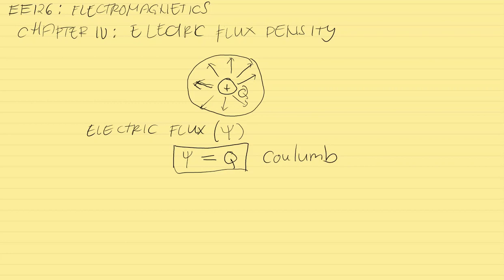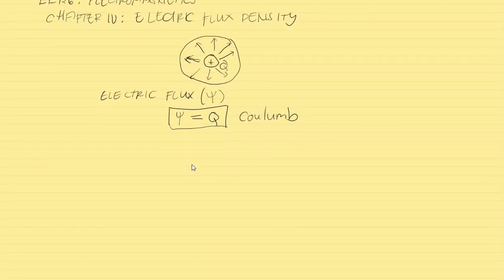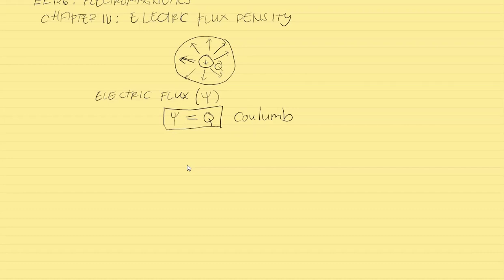From the previous discussion in chapter 3, we tried to incorporate charges in our electric field, and we defined them in different ways. For example, we have rho v. What is this rho v?